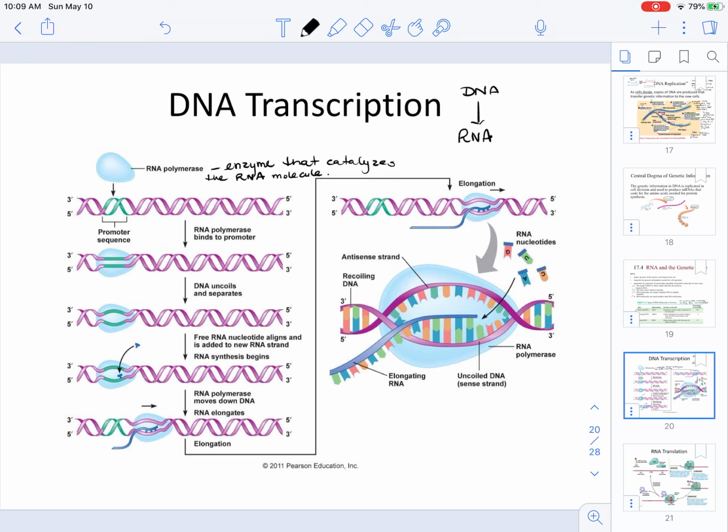That occurs at what is called a promoter sequence. The promoter is the place where RNA polymerase binds in order to get transcription started.